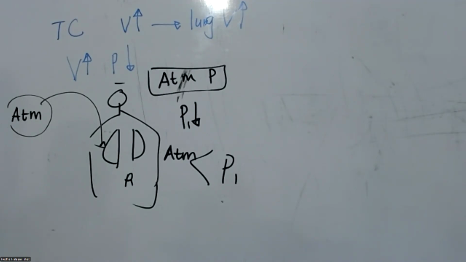Now initially in inhalation, when all of these were contracted, the volume of the thoracic cavity increased, right? Now what would happen to the volume of the thoracic cavity? You all say now. Volume of the thoracic cavity decreases. Very good. Then the volume of the lung will increase or decrease?